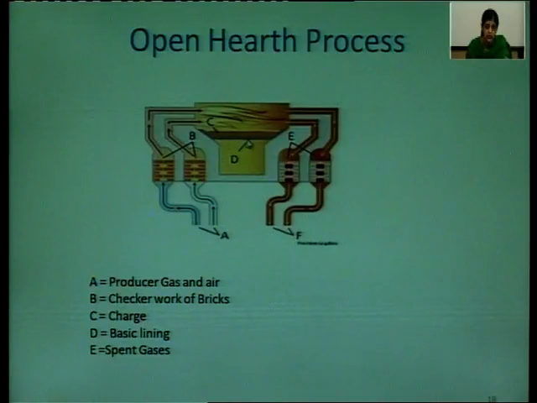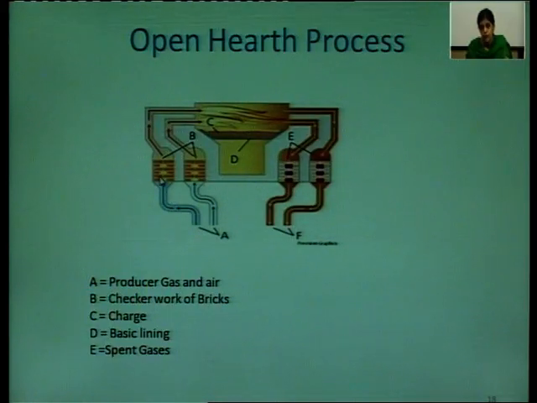D is the hearth, and C is your charge. Charge is the substance that is being placed over here, the ore and everything else. And from point E, the spent gases are moving out. So this is basically what an open hearth furnace looks like.